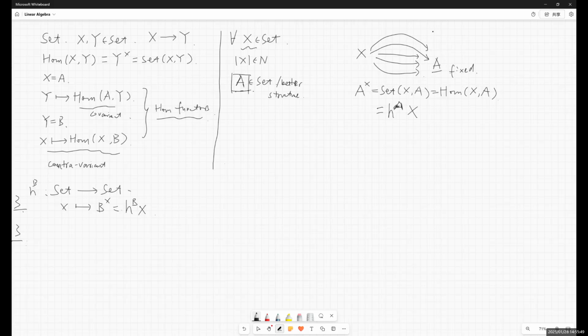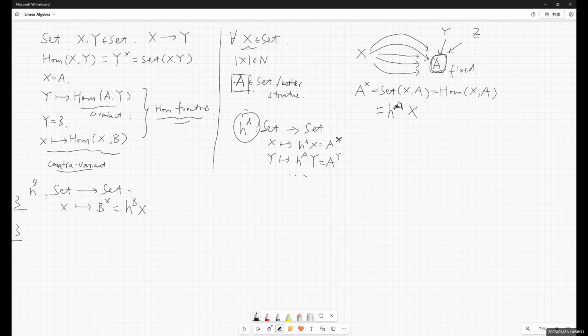It maps X to Hom(X, A), but it also maps Y to Z to A. So this functor H_A from set to set is decided by this fixed A. So this is a covariant hom functor, H_A.